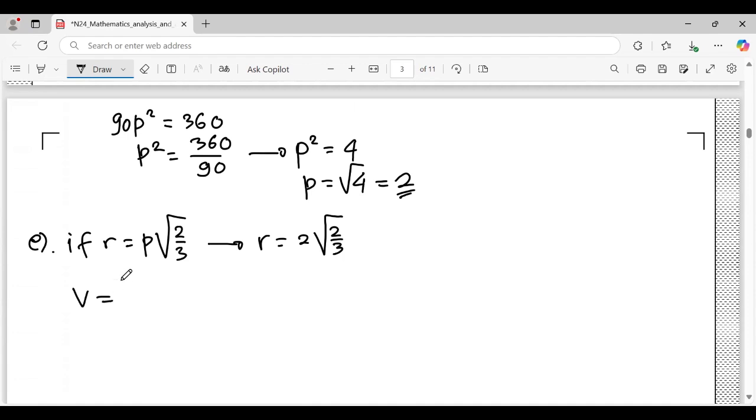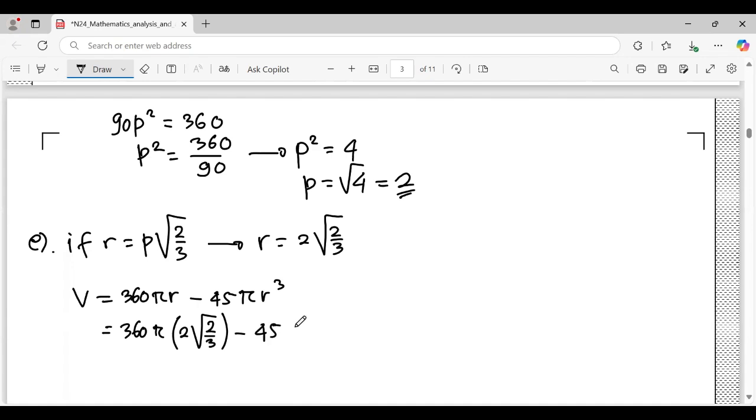Volume equals 360 times r minus 45 times r cubed, or 360 substituting this value of r, 2 times the root 2/3, minus 45 times 2 square root 2/3 cubed.